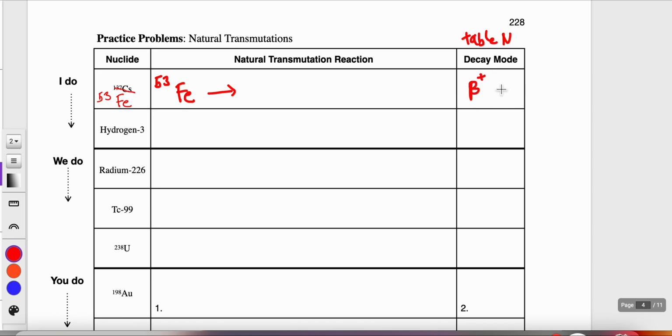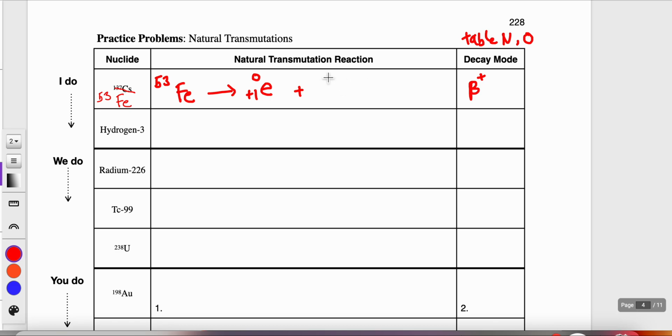So that means that this is a positron decay mode. So what I put in the equation, I can find what it looks like on Table O. So I'm going to put the e down for electron, carries a mass of 0 and a +1.